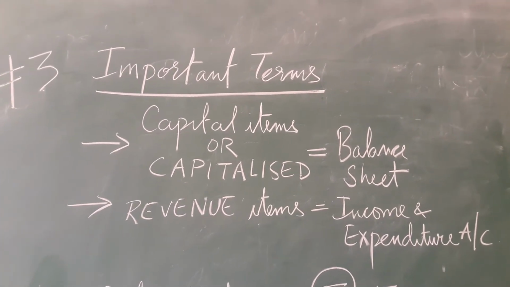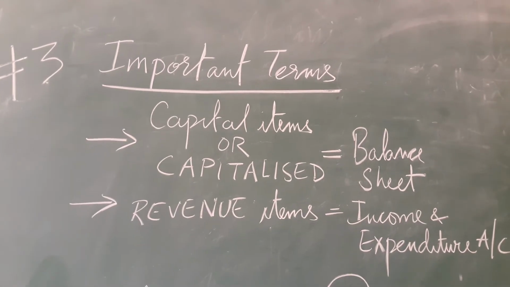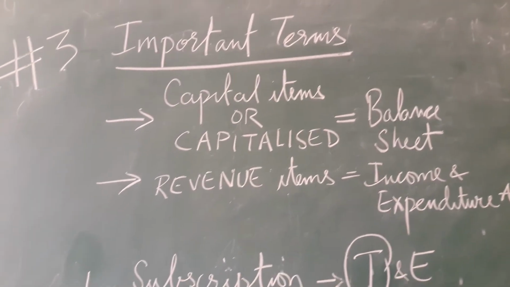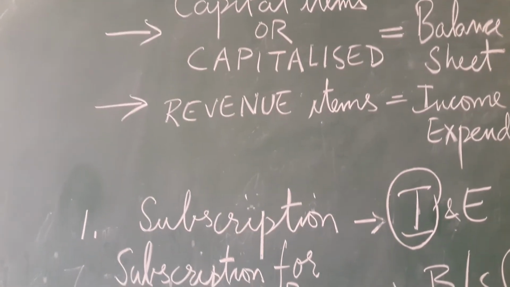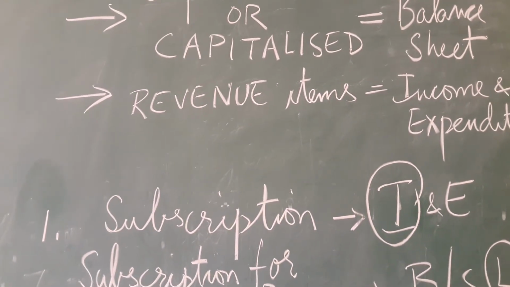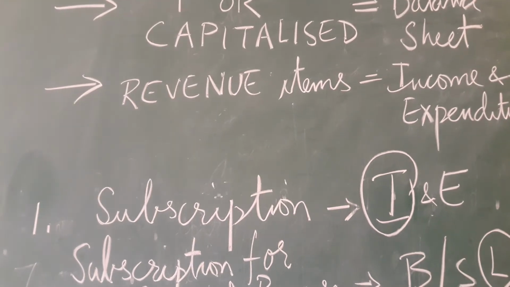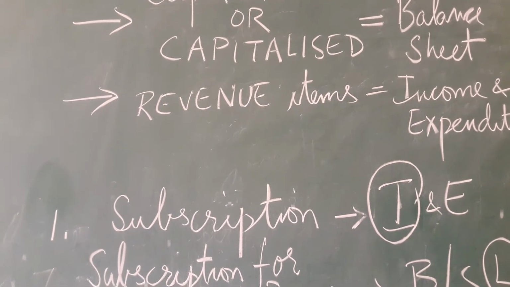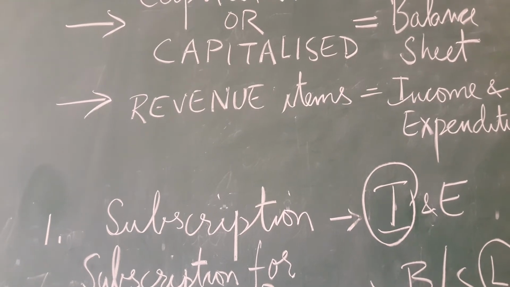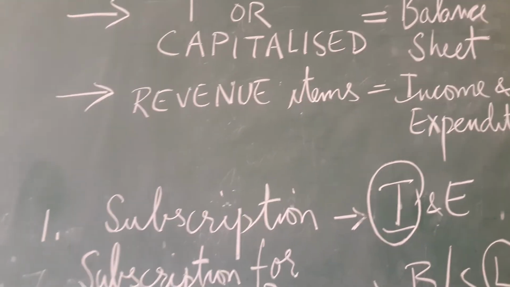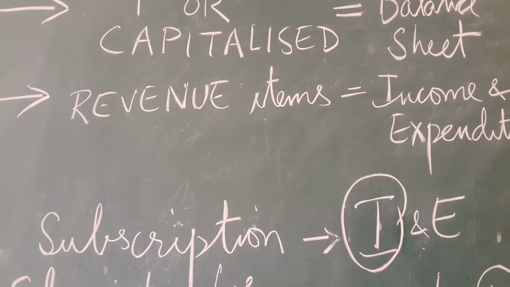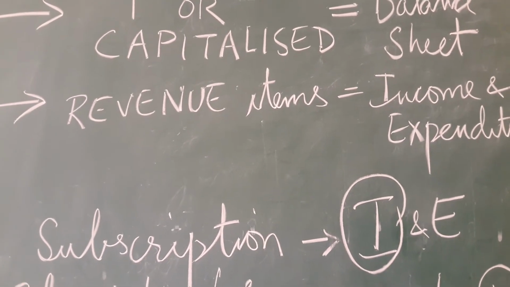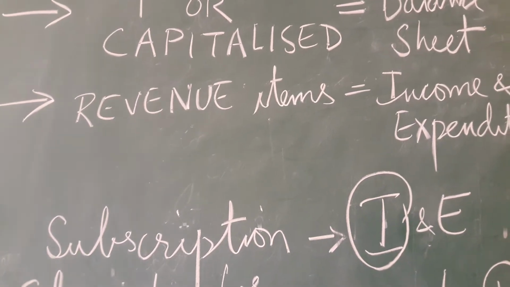Let us now move on to important terms which you have already heard in my previous video. The first term that you see here is subscription. I have told you, these are annual amounts paid by members to an NPO. So subscription is an income and it will be shown in the income and expenditure account on the income side.